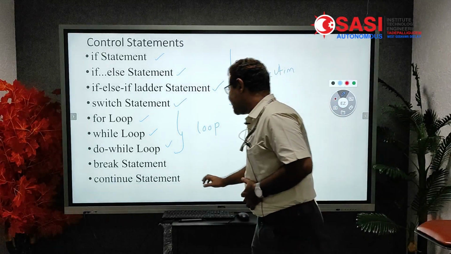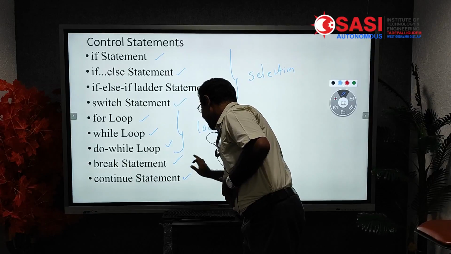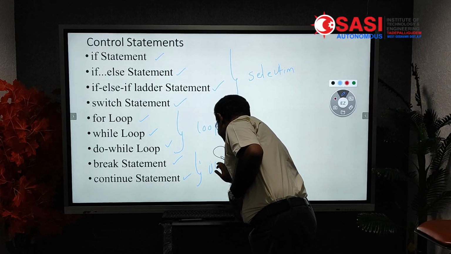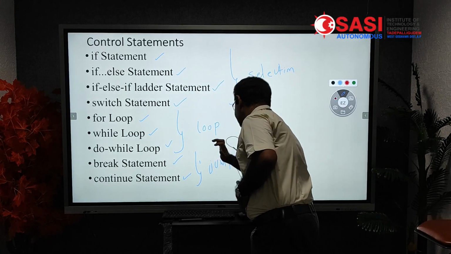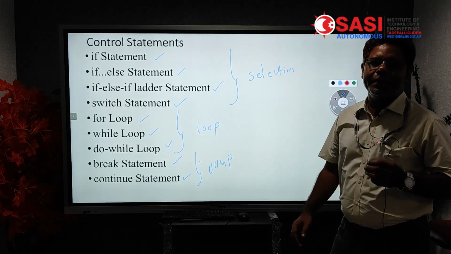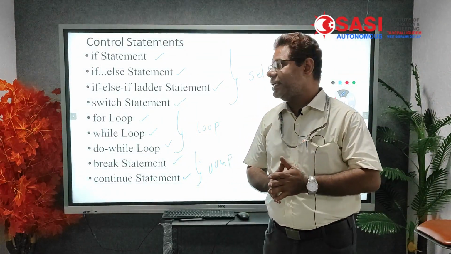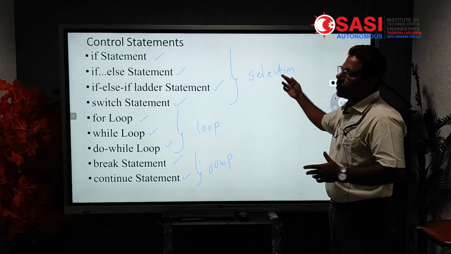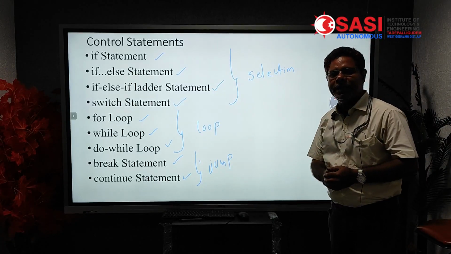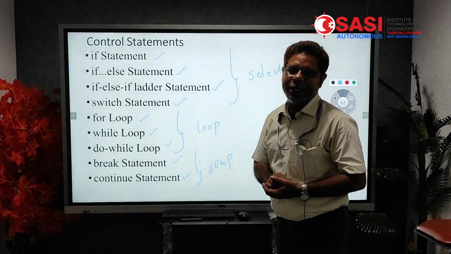Next, the break statement and the continue statement are under the jump statements. So these are the three types of control statements: selection, loop, and jump.